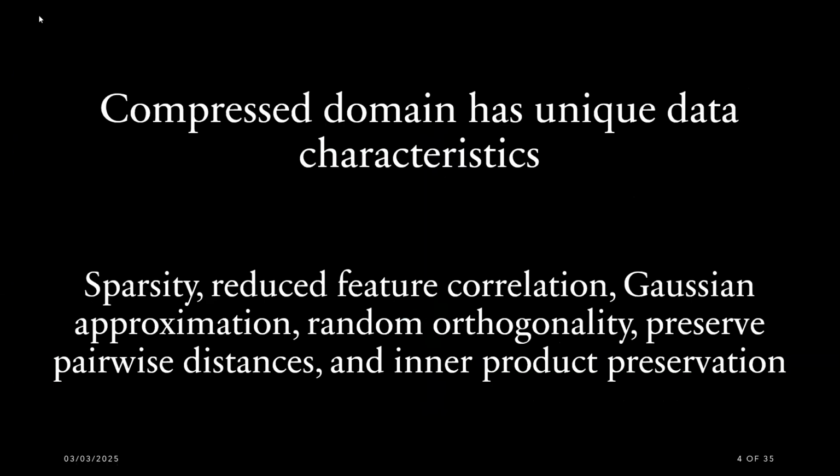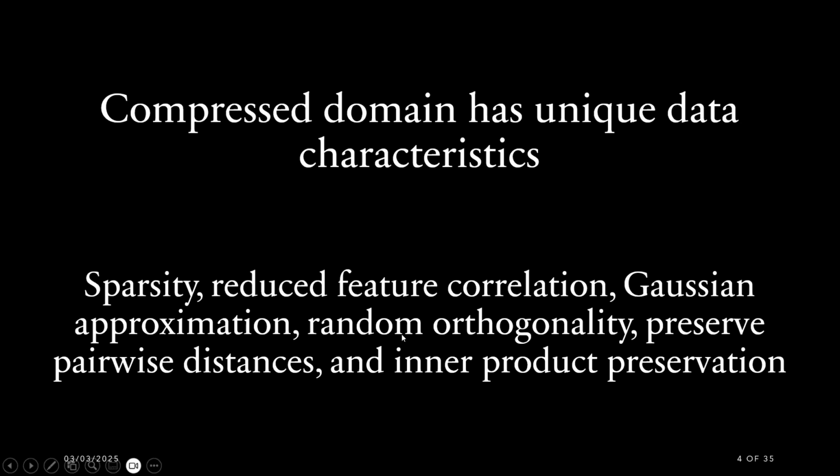However, the beauty is that the compressed domain has unique data characteristics. They may have sparsity, which could be a problem as well as a solution. And then the reduced feature correlation, since original data may have a lot of correlated features. The Gaussian approximation is possible with the compressed domain.